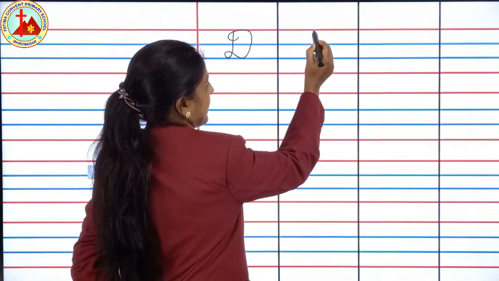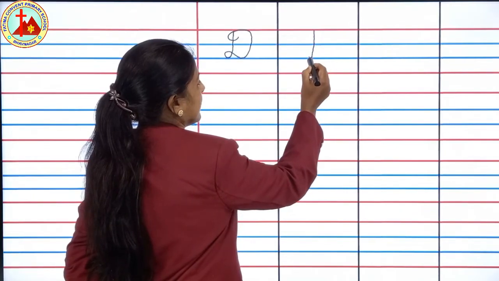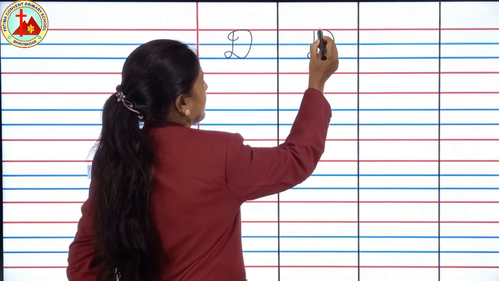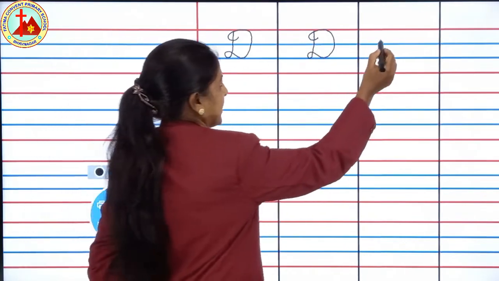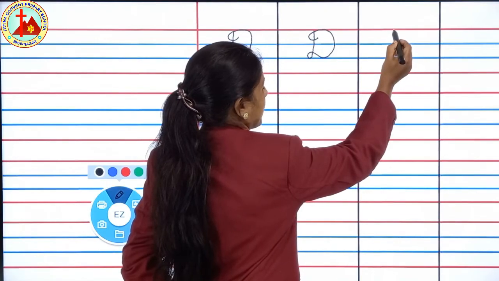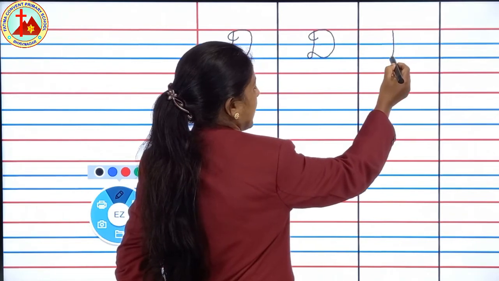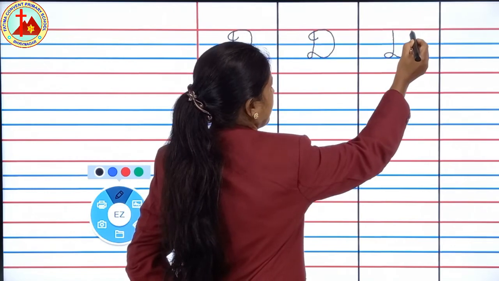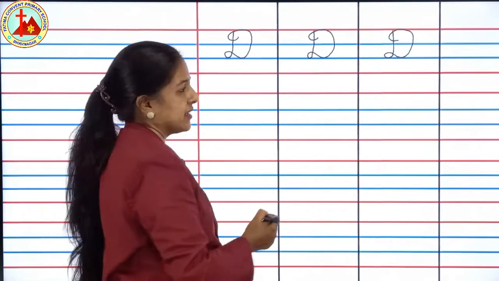Starting from the red line, come down to the blue line, make a loop outside, up, inside turn, D. Again see carefully, come down to the blue line, loop outside, up to the red line, inside curve, D.